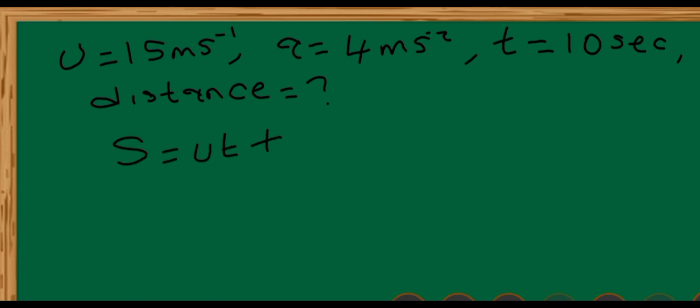So in this question, what we did mainly is use that formula, s equals ut plus half at square. I believe you should be able to know how to solve this by now.